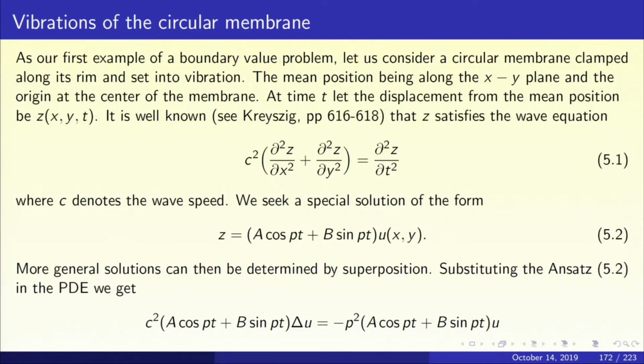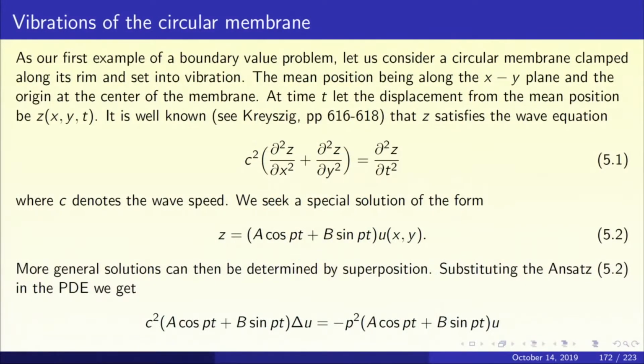The membrane can be thought of as the set of all points x squared plus y squared less than or equal to 1. For example, you can think of the membrane to be a circular membrane of unit radius, if you like. And then at time t, the membrane is displaced from the mean position, and let the vertical displacement at the point (x, y) be z(x, y, t).